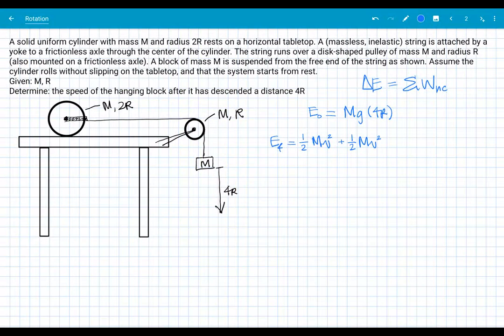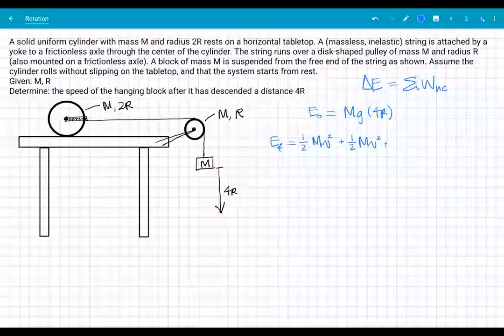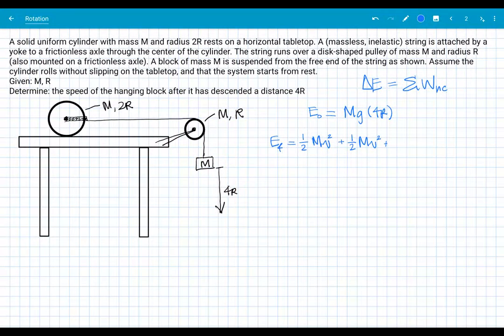Notice this v is the same as the speed at which the cylinder's center of mass is moving linearly across the table, and it's the same as the speed of the hanging mass because they're attached by the inelastic string. And now we need to consider the rotational energy of the cylinder, which I'll call 1/2 I1 omega1 squared.